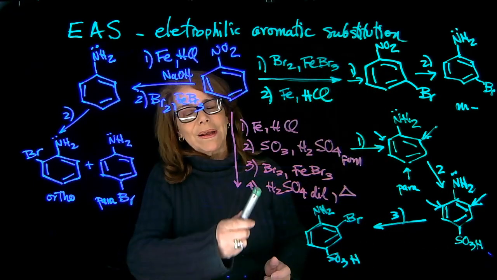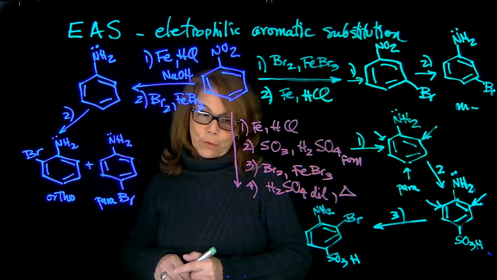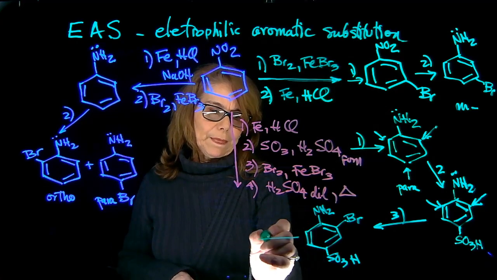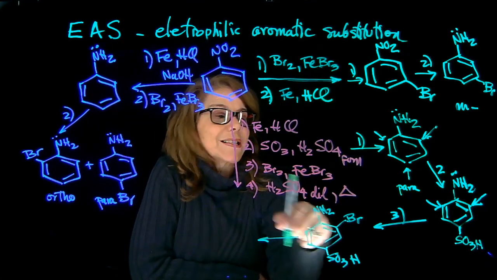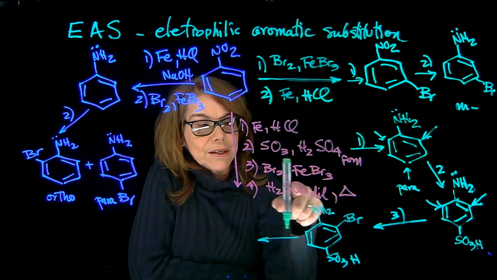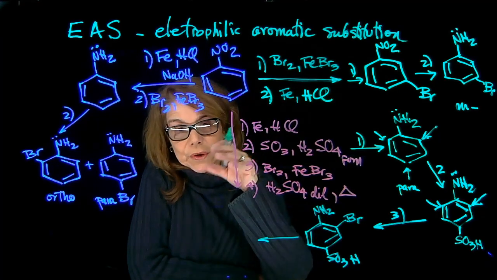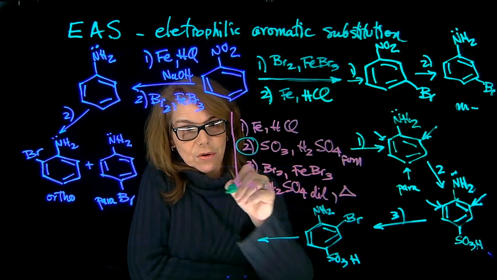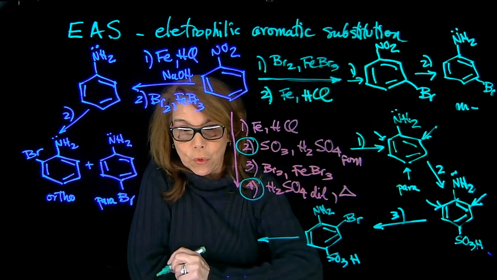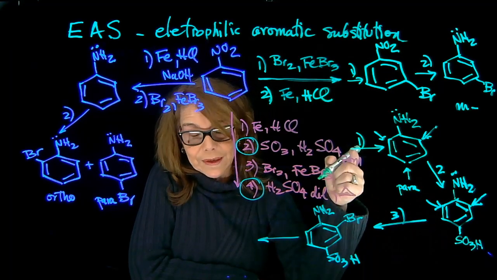Okay, and so what's in step 4? Step 4 here is diluted sulfuric acid and heat. This is to desulfonate. This reaction is reversible, so installing a sulfonic group, this you install, this you remove. So we use this group as a protective group.